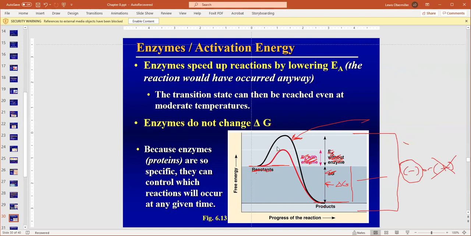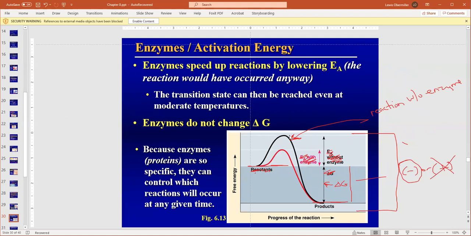And I might ask you what this big line represents. So that is the reaction without an enzyme, because this hill, this activation energy is higher than this one, this red one, which would be the reaction with an enzyme.